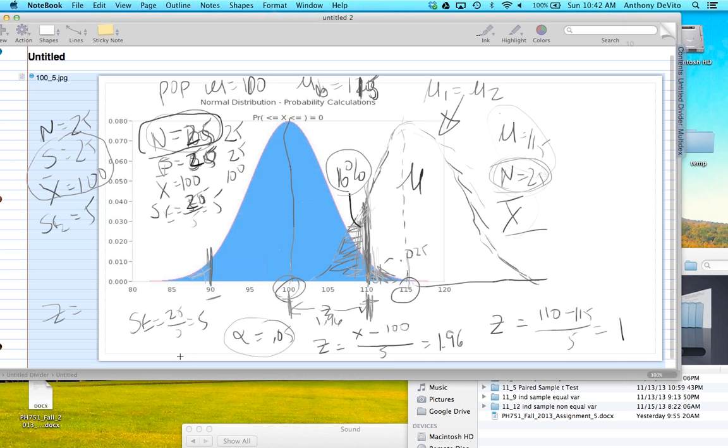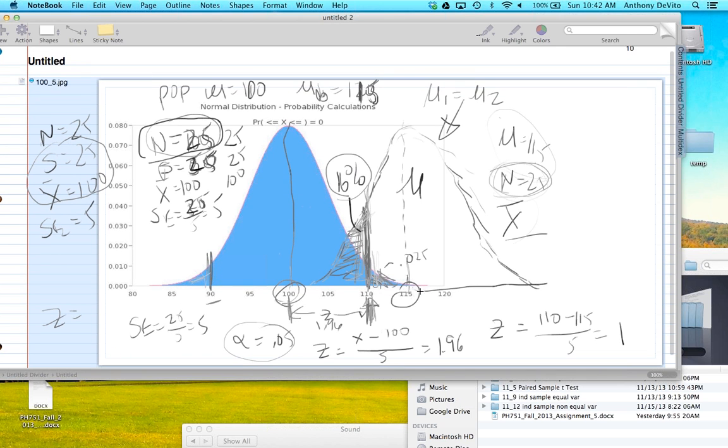Well, what does that mean to me? What that means is, when I sample 25 people from this population and I want less than a 5% chance of being wrong if I reject my null hypothesis, I need to get a value higher than 110, right? That's my alpha error of 5%. However, look at this: 16% of the time, I'm going to get a value that's less than 110. So 16% of the time, I'm going to fail to reject my null hypothesis, even though the two means really are different.